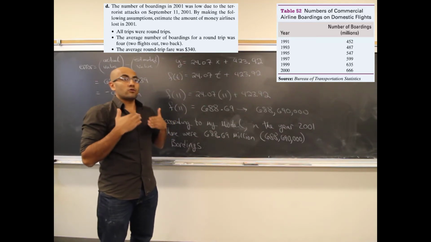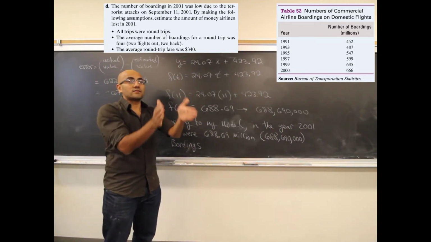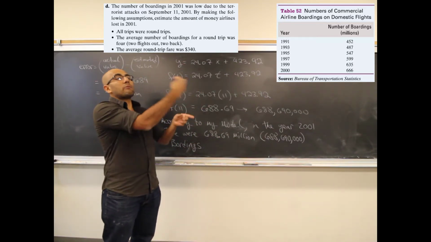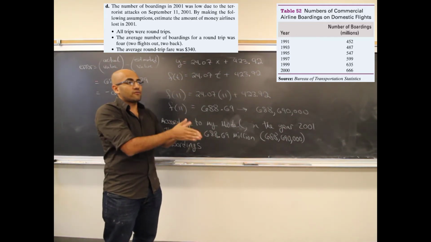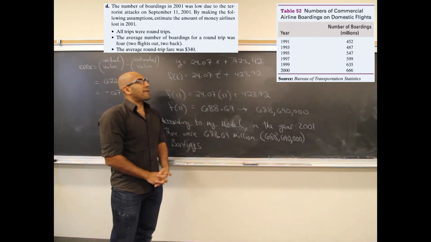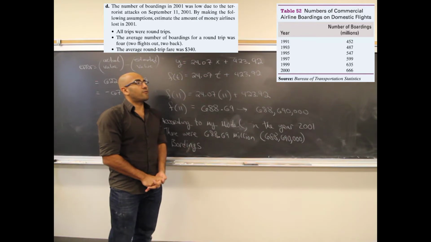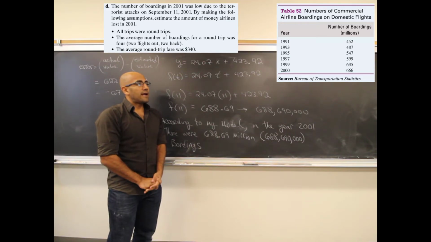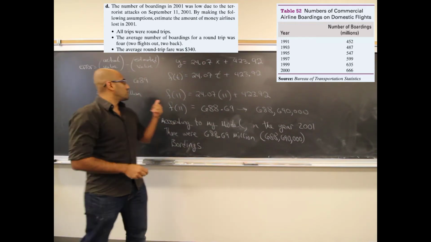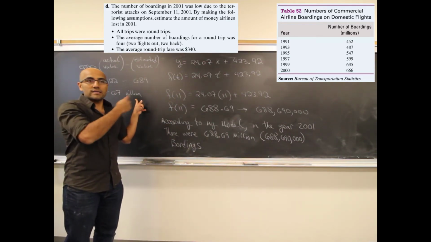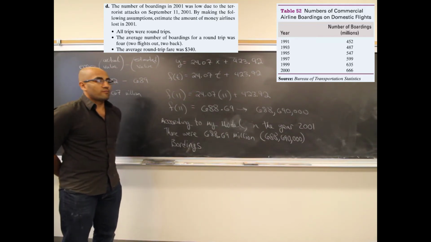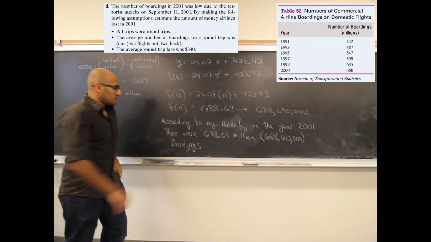For most people, going there means 2 different flights, so 2 different boardings, and coming back is again 2 different flights, 2 different boardings. And the average airfare for a round trip is $340. So estimate how much money the airlines lost due to lower traffic in the number of boardings. Okay? So what should we do?